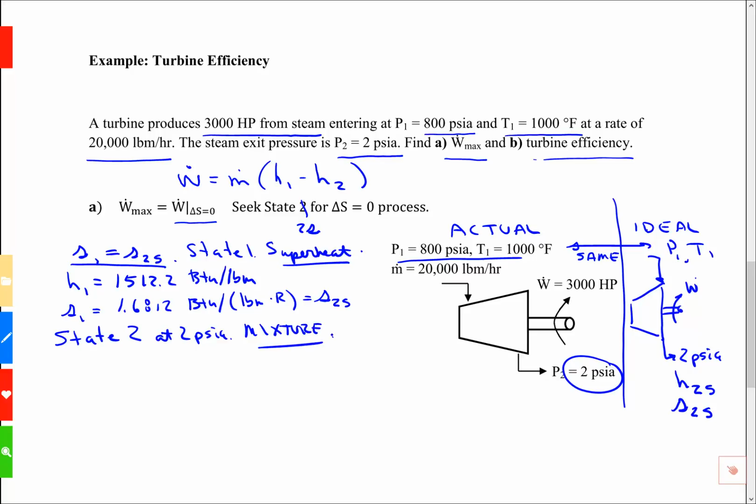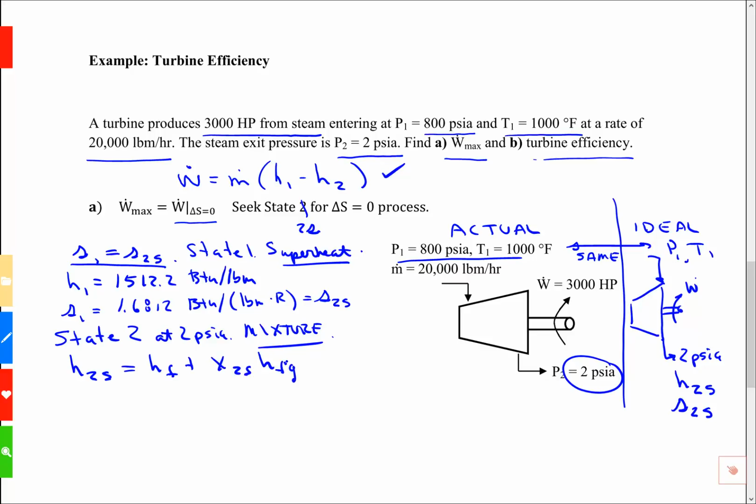So let's go to a mixture table. To get the work rate, we're looking for H2S. We're going to find that as follows. By the lever rule, H2S is equal to HF plus X2S times HFG.